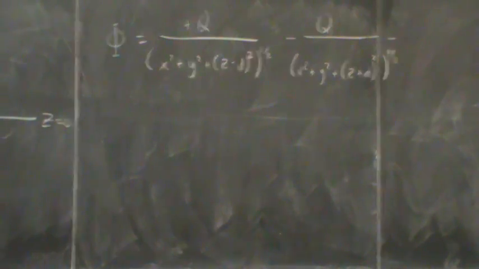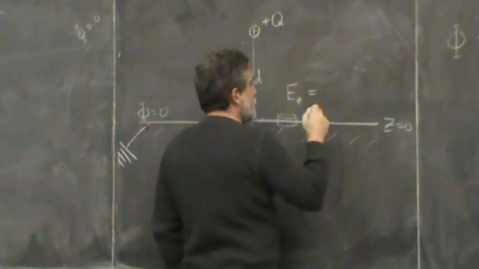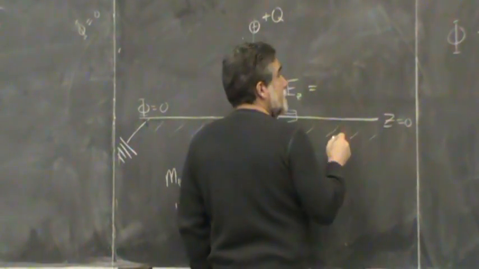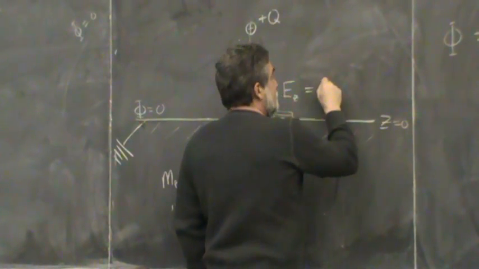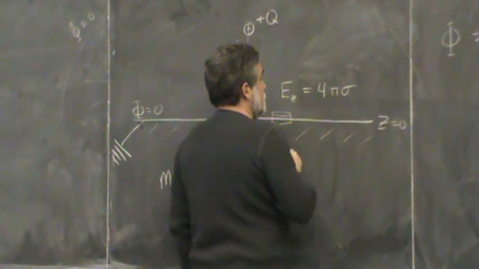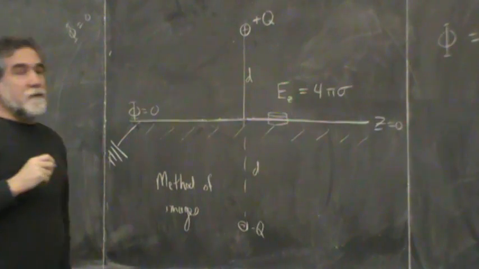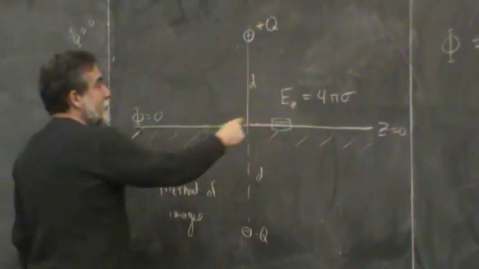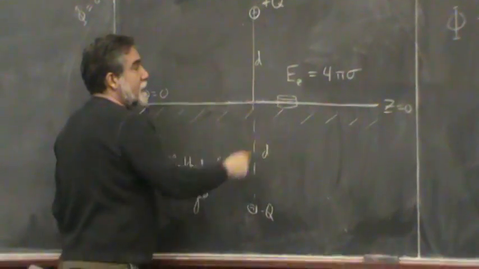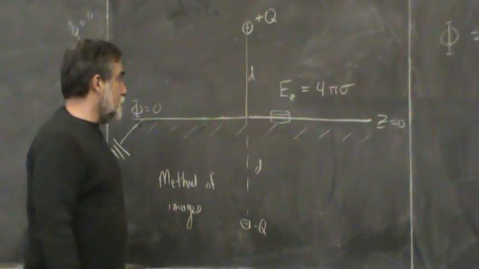The electric field in the z direction is equal to, I can never remember in CGS, I think it might just be 4 pi sigma. Yes. That's it. Good, thank you. So if I can find the electric field in that z equals 0 plane, then I have found the charge density on this surface.